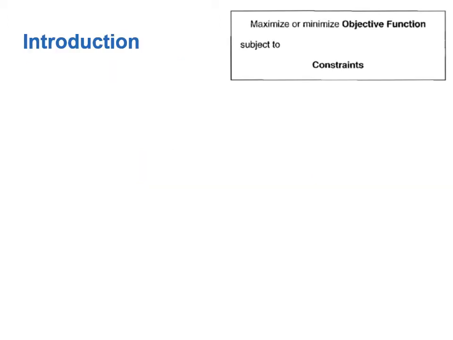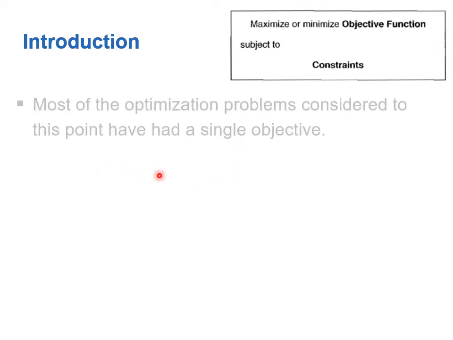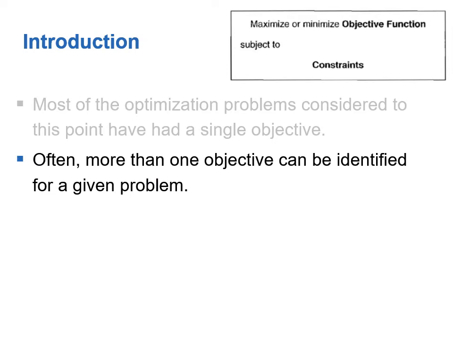So as I said, in most of the optimization problems, we have only one objective, a single objective. We either try to maximize or minimize an objective function, subject to a series of constraints. But in most real-life problems, as I said, there may be more than one objective.